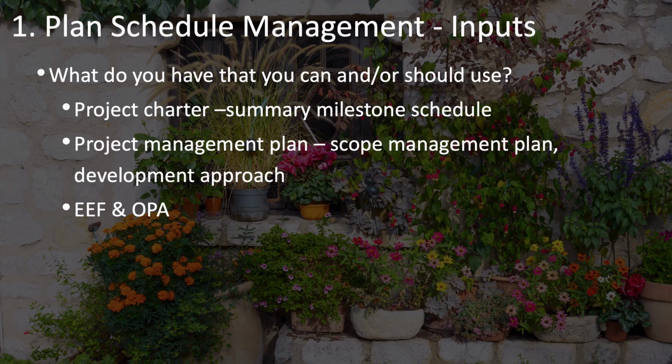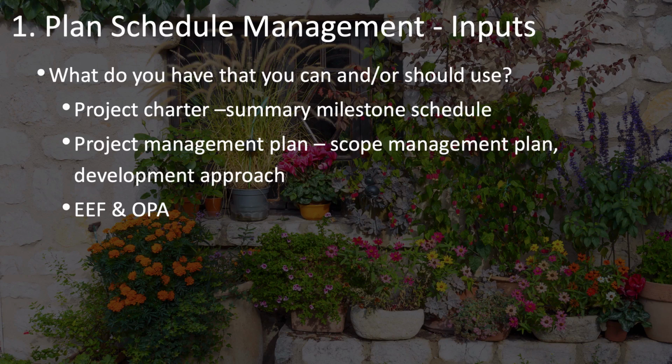You also have the scope management plan and development approach that have been developed as part of the scope management processes. In addition, you have several enterprise environmental factors and organizational process assets that we'll get to in just a moment. But notice it does not include the work breakdown structure and requirements and other information about scope that you would need in order to put together a schedule.